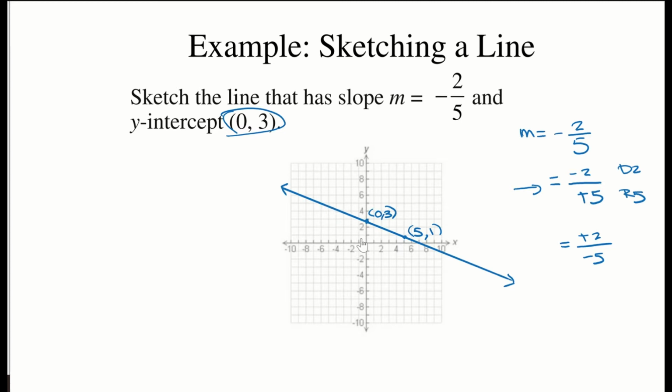My line is not perfect, but once you do this on a system like Math Excel, it'll work out perfectly. So you would be able to do that motion as well. So either go down 2 and 5 to the right, or you can go up 2 units and then 5 units to the left. You will just end up at a different point on the line. But remember, all you need is 2 points to draw a line anyway.